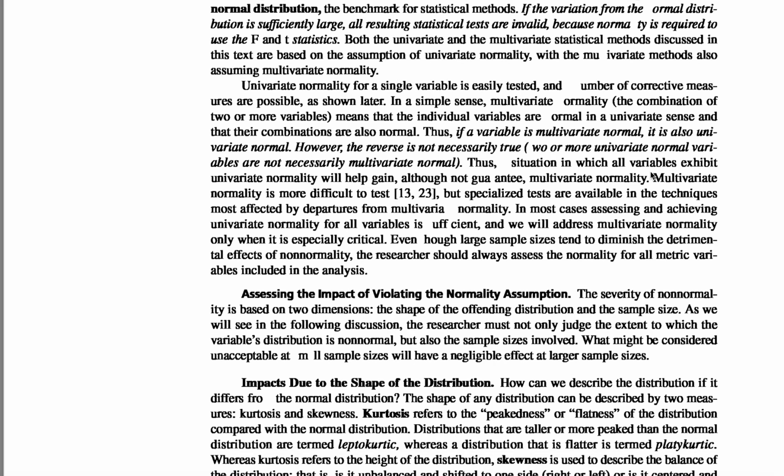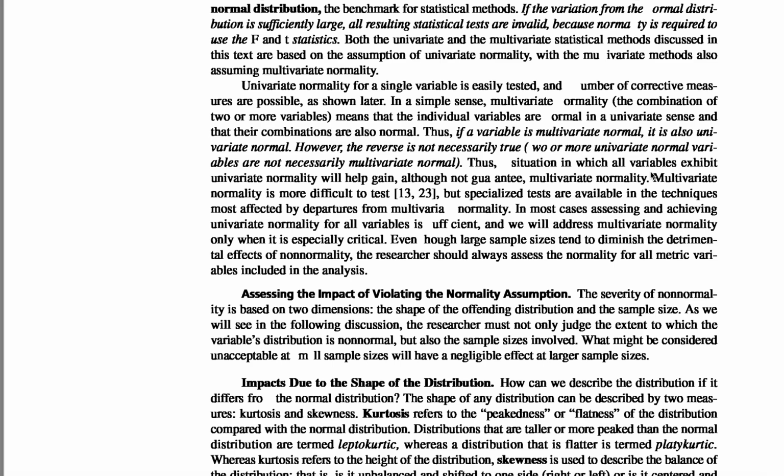Thus, if a variable is multivariate normal, it is also univariate normal. However, the reverse is not necessarily true. Even so, a situation in which all variables exhibit univariate normality will help gain, although not guarantee, multivariate normality.